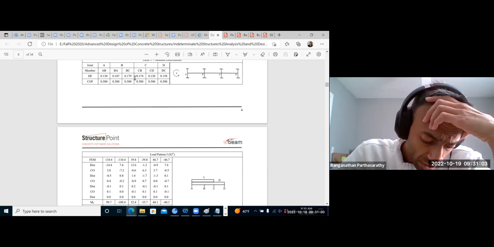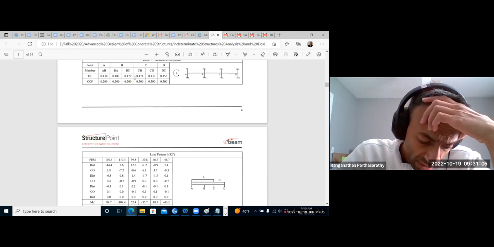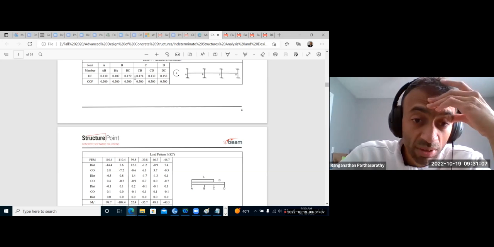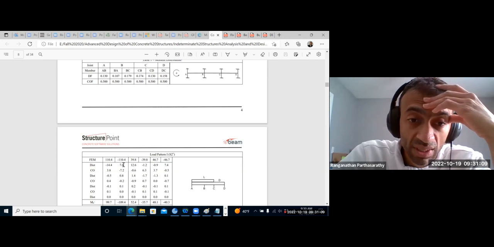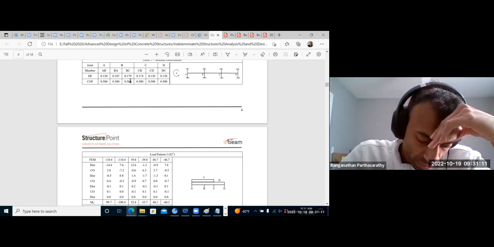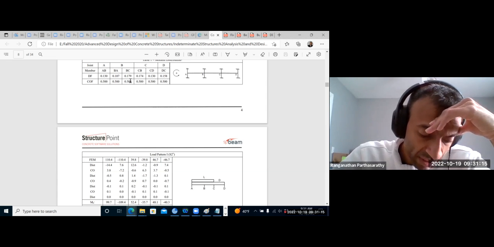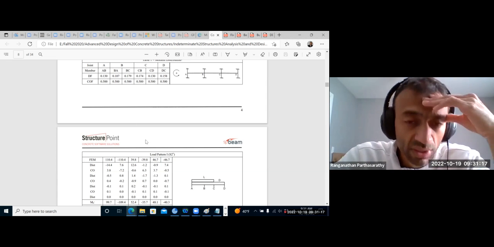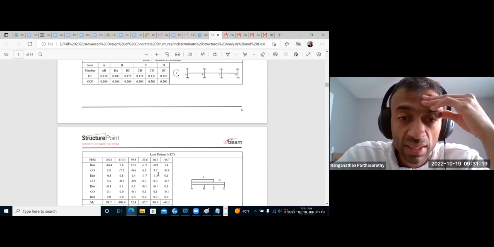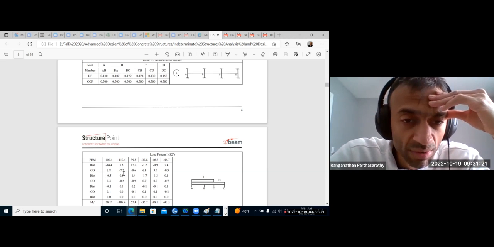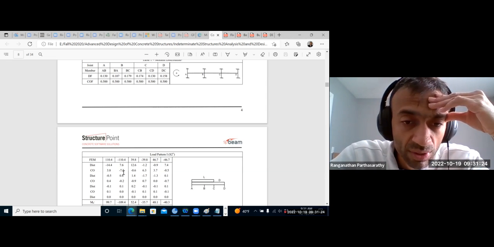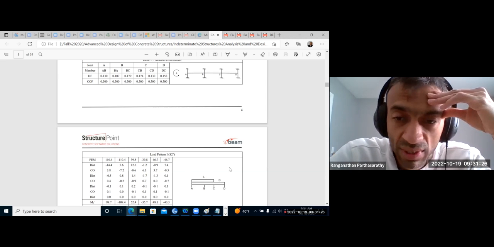So 0.107 of positive 70.6 is 7.55, so he put 7.6 here. Then 0.179 of 70.6 is 12.6, so 12.6 here. Then the carryover, half of this goes here, half of this goes here, and so on. You know this.